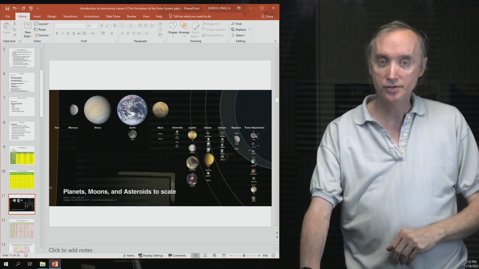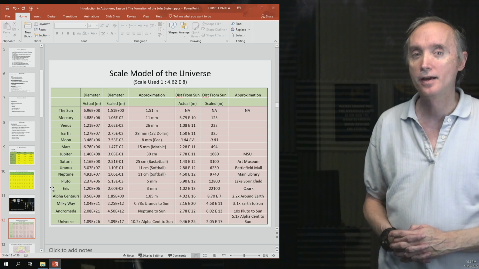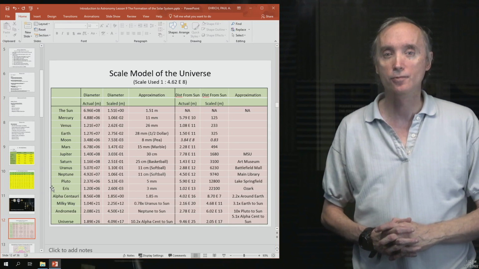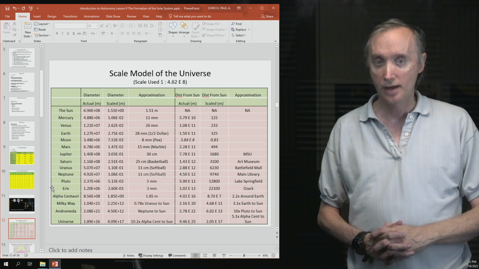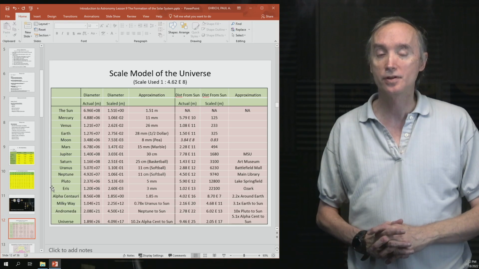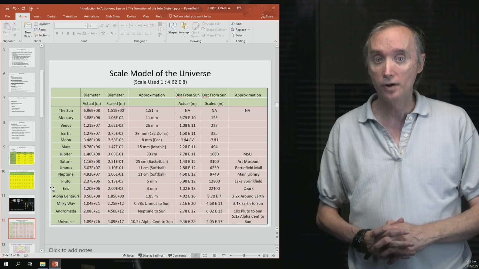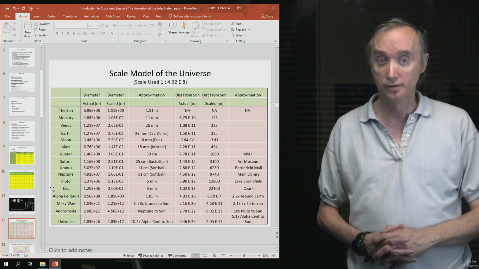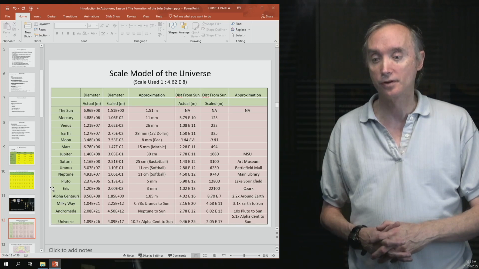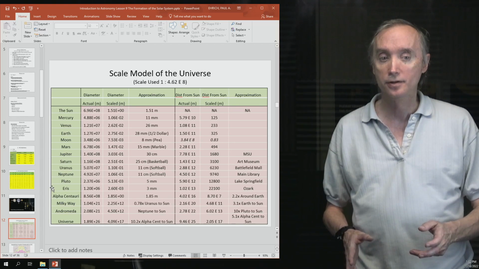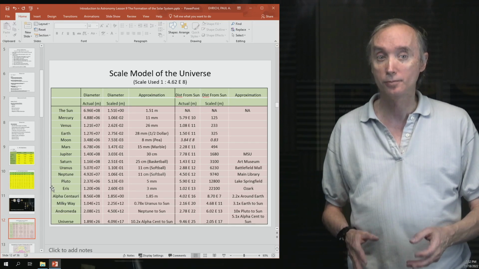Well, I couldn't help myself, so we always need to do math in here. And so I decided to make a scale model of the universe. That is, assuming that the sun was 4.5 feet in diameter, then we can figure out the diameter of any other planet in our solar system by using a proportion.